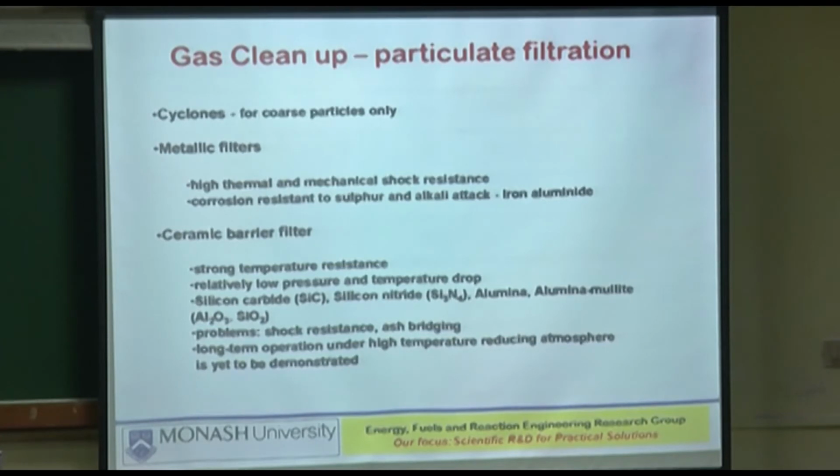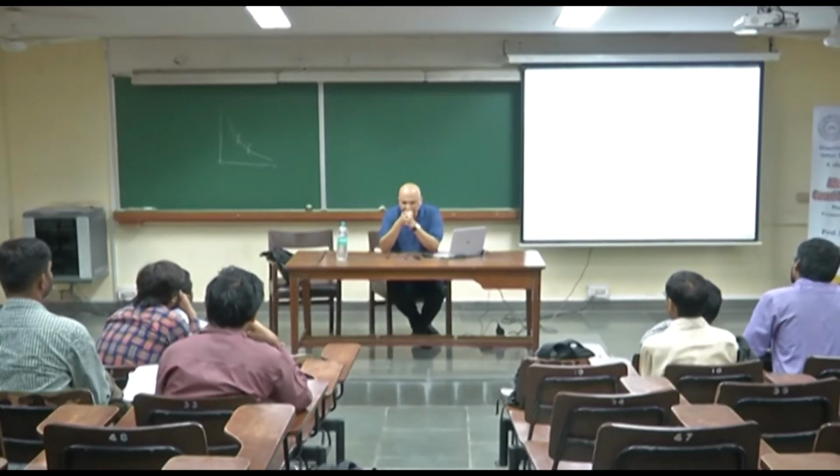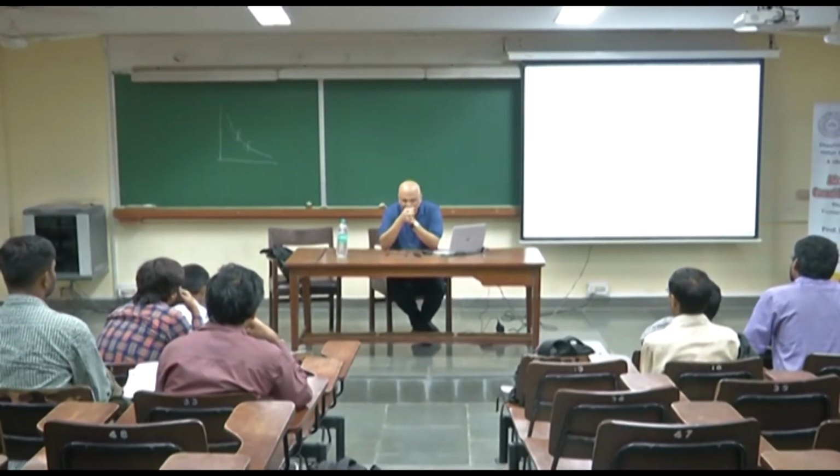Now, cyclone design is now pretty standard, and you can actually get some of the cyclone design software even available in Google. What it is that, depending on the gas velocity and the particle size, how many particles will be separated and which particles will be separated, that's decided.